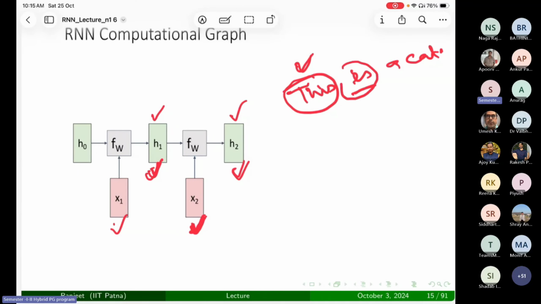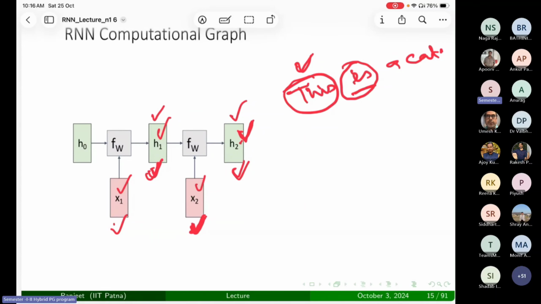Now you have processed "is". So you have processed both. In the h2, if I ask what is the information, your answer would be that h2 is containing the information of x2 and h1. And what is h1? h1 is coming from x1. So h2 is containing the information of x1 and x2 both. So it's refined or aggregated information of x1 and x2.